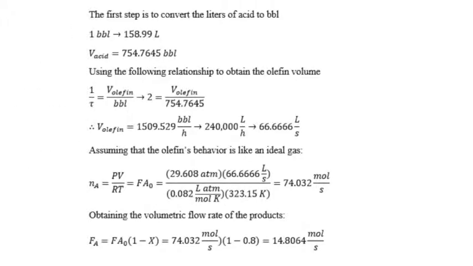First, the volumetric olefin flow was obtained with a relation of the assumed catalyst volumetric flow and the olefin space velocity that we calculated before. Once the value was obtained, we assume that the olefin was an ideal gas, where the olefin inflow will be equal to pressure times volume divided by R times temperature.